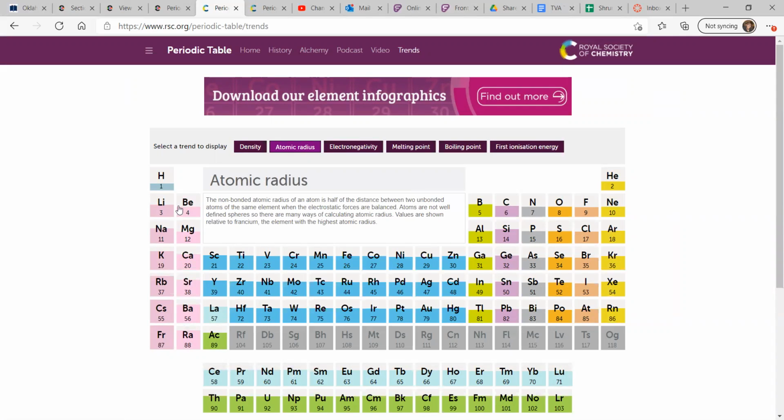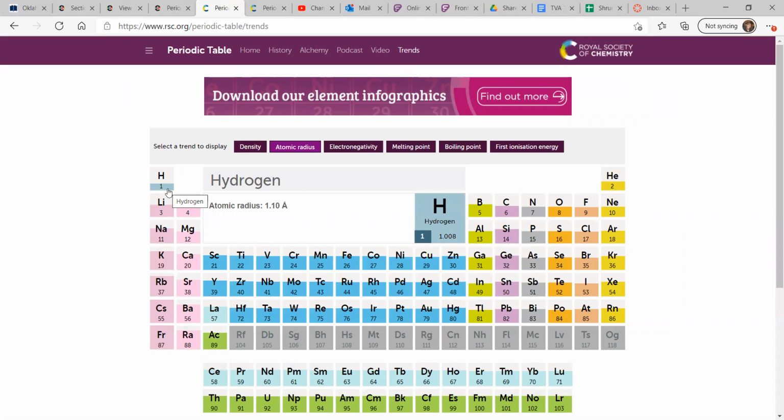So notice the atomic radius. It's increasing within the group as you move vertically down, in most cases.